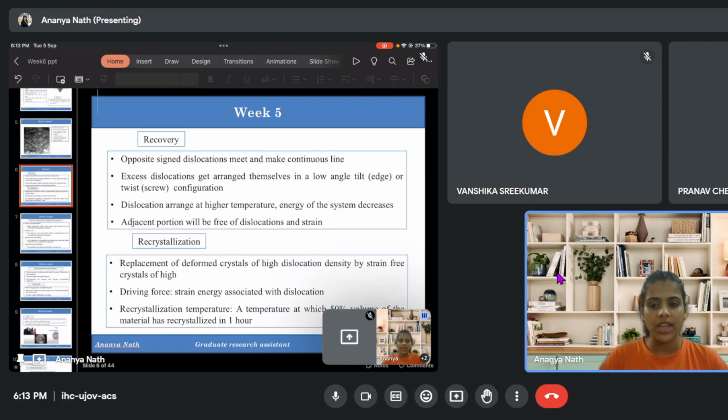Other than that place, the other lattices and crystals will be dislocation free. So that can be considered as a new grain, which can be called a strain free grain, which is our main motive to get from the material after recovery and recrystallization. So recrystallization is the replacement of deformed crystals of high dislocation density by strain free crystals.